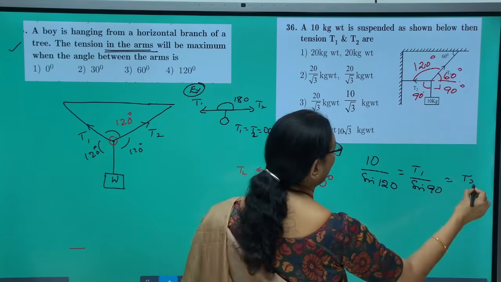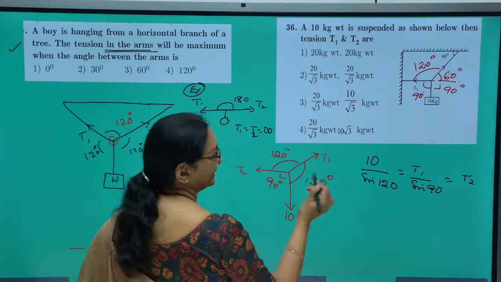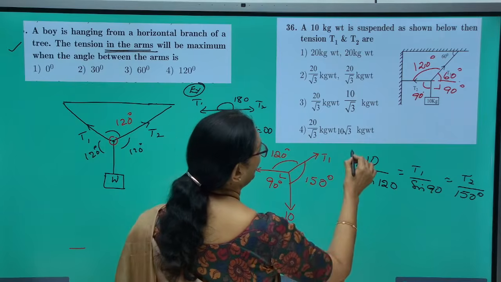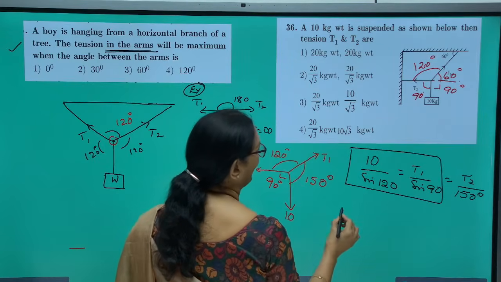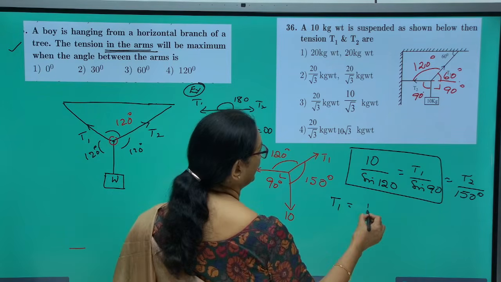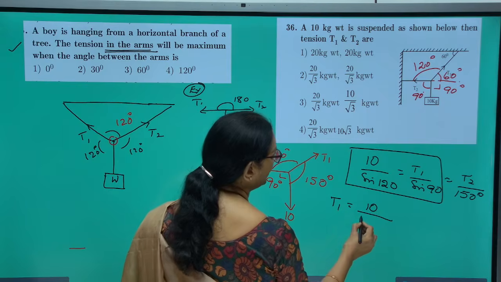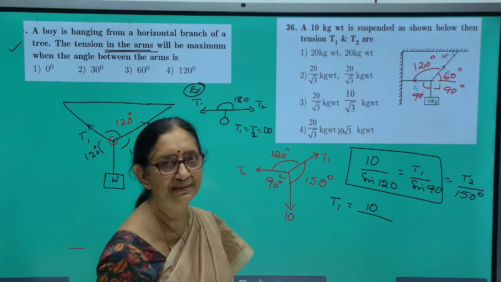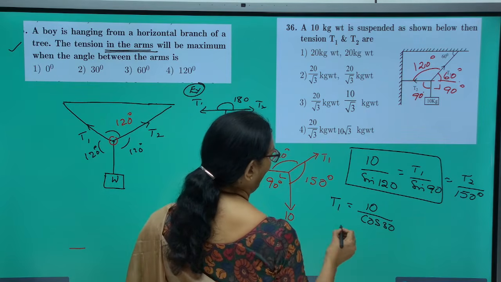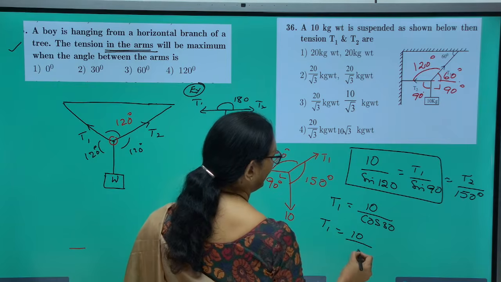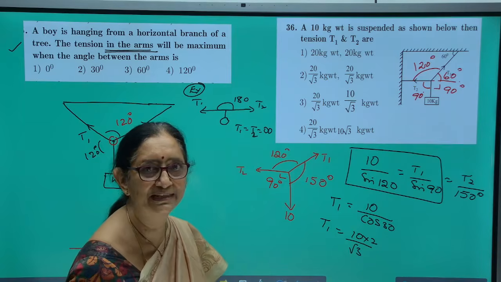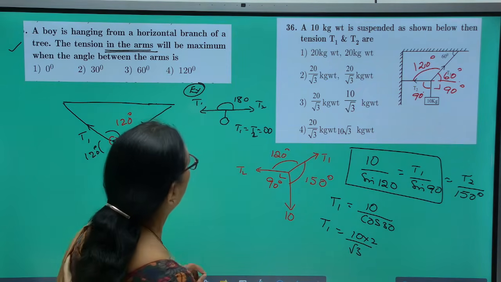That is equal to T2 by sine of its opposite angle here, 150 degrees. So, from this what do we get? Since sine 90 is equal to 1, T1 is equal to 10 by sine 120. Sine 120 is sine 90 plus 30, which is cos 30. And we know cos 30 is root 3 by 2. So, it is 20 by root 3 kg weight. That is the answer for T1.